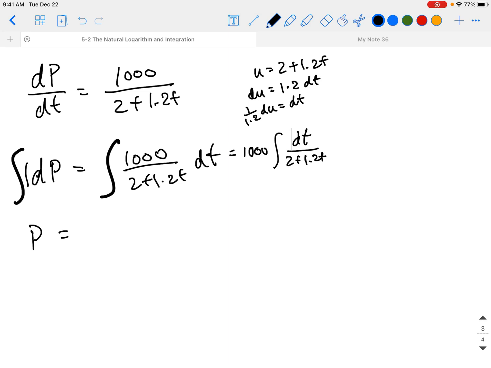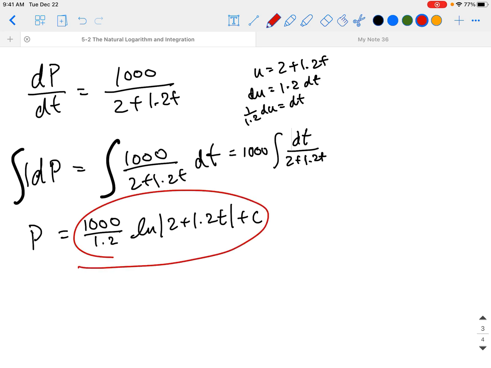All right, so what we're going to end up with then is 1,000 over 1.2 times the natural log of 2 plus 1.2t plus C. And note, you can always check this answer. If we take the derivative of this, we'll get a 1.2, which will cancel with that 1.2. But again, if you want to do the u substitution, go ahead and do the u substitution as well. All right, so we've got our population function here, but we do need to figure out what our C value is.